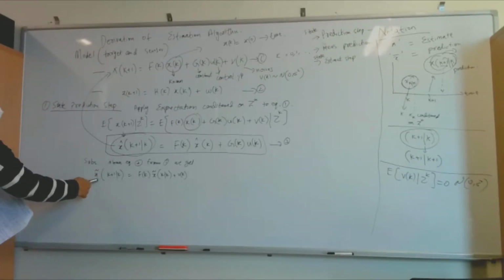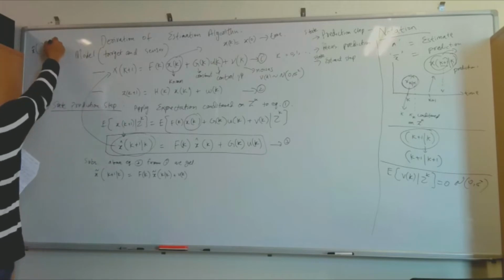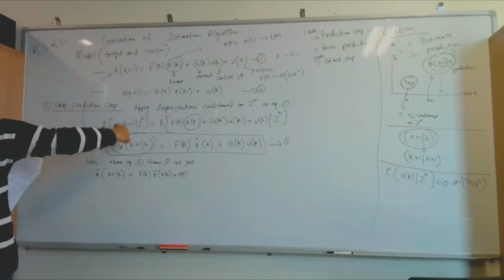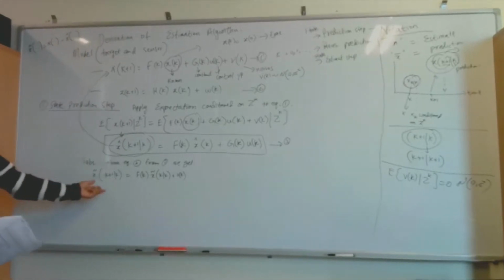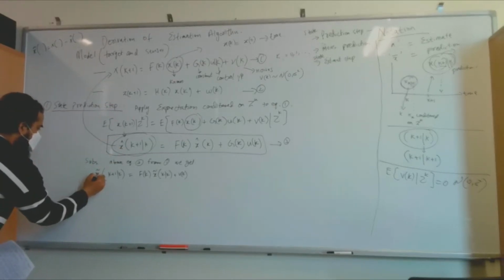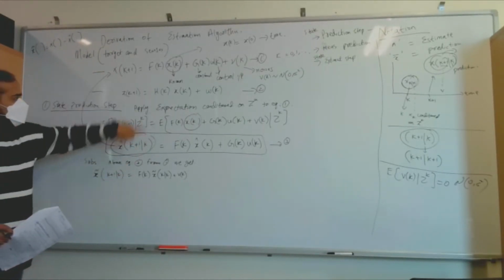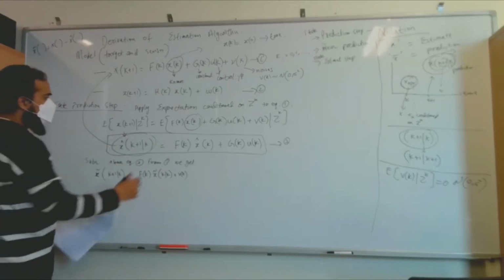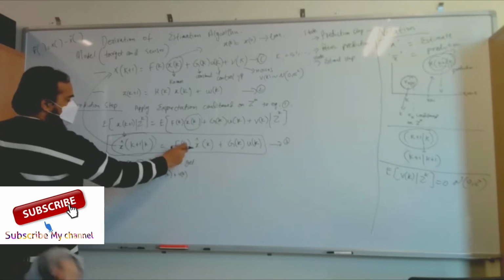Okay, this thing is the difference between the, minus. This is the difference, we have subtracted the above equation from this one. This notation is the estimation error. This is the difference between this equation and this equation. And again, fk is a constant which is multiplied with this one, so we can take a common f of k.